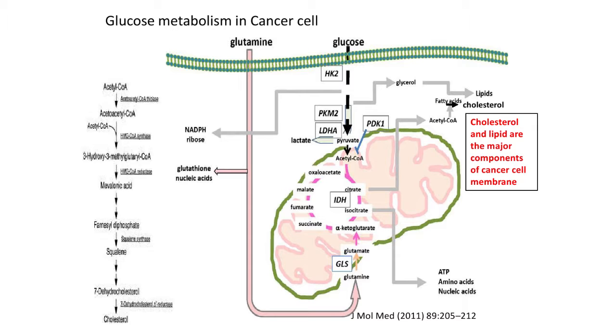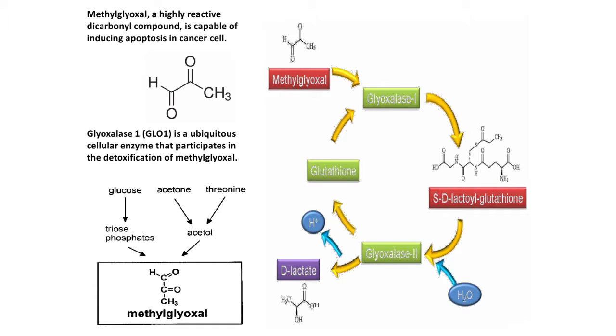As we know, cholesterol stabilizes the cell membrane, the bilayer structure, and also the lipid wrap structure. So the cancer cell absorbs and consumes glucose for energy, but with weak efficiency.